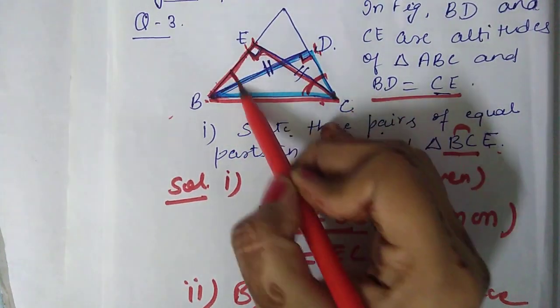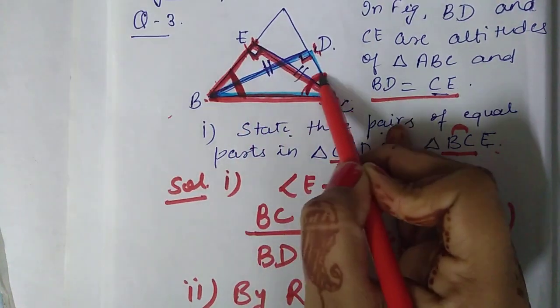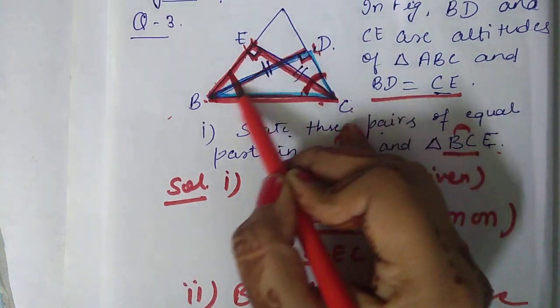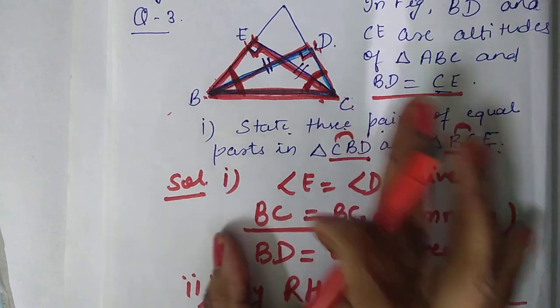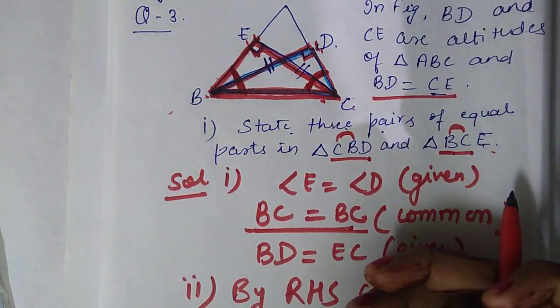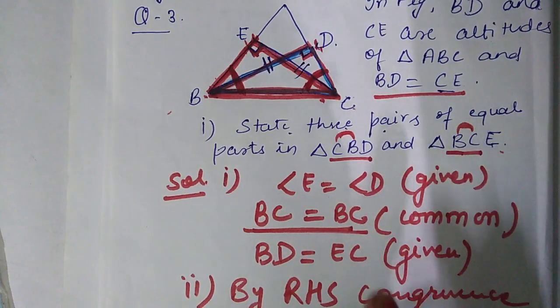Yes, they are equal because this angle, DCB, is the part of this triangle, and this angle, EBC, is the part of this triangle. And they are congruent, we have proved. So they are equal by CPCT, corresponding parts of congruent triangles. So this is your RHS rule.